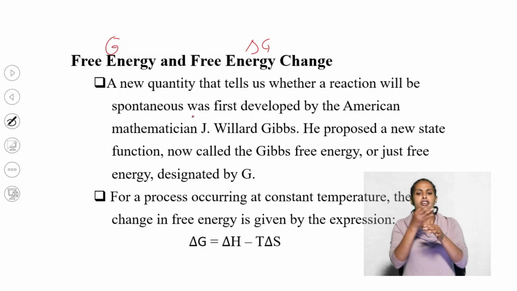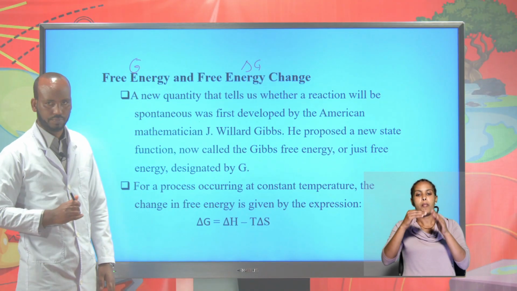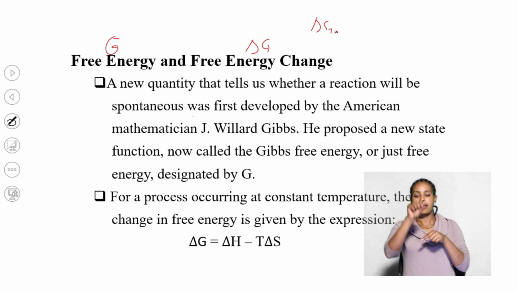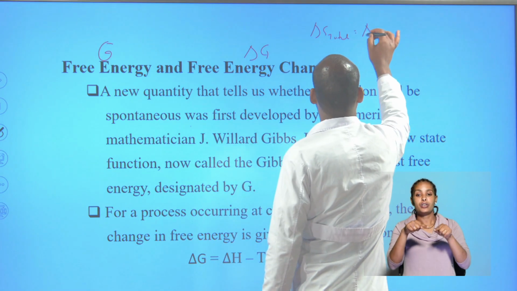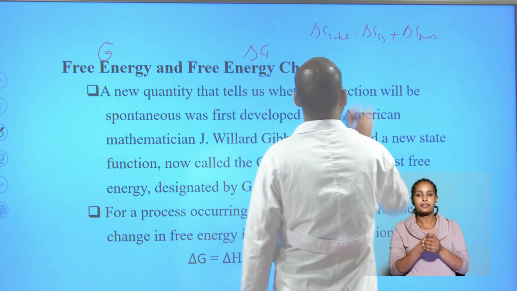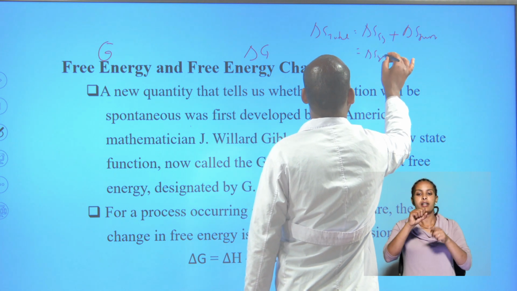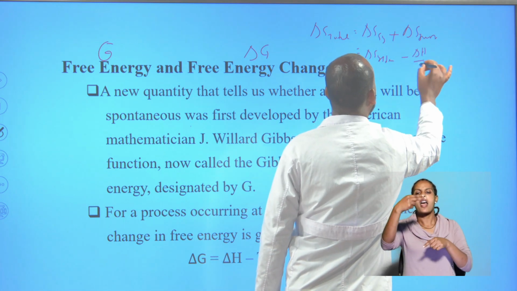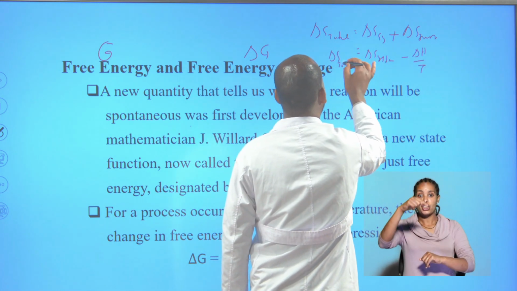The Gibbs free energy change relates enthalpy change and entropy change through this equation: delta G equals delta H minus T times delta S. Note that from the second law of thermodynamics, we have the total entropy change, delta S total, equal to the change in entropy of the system plus the change in entropy of the surroundings, equal to the change in entropy of the system minus delta H divided by temperature.